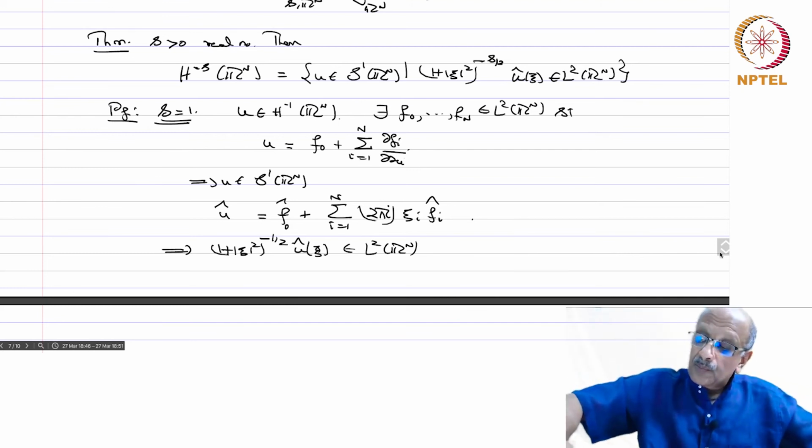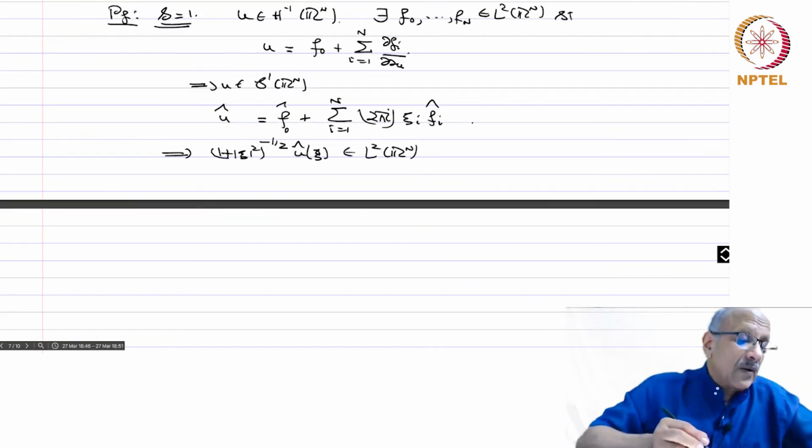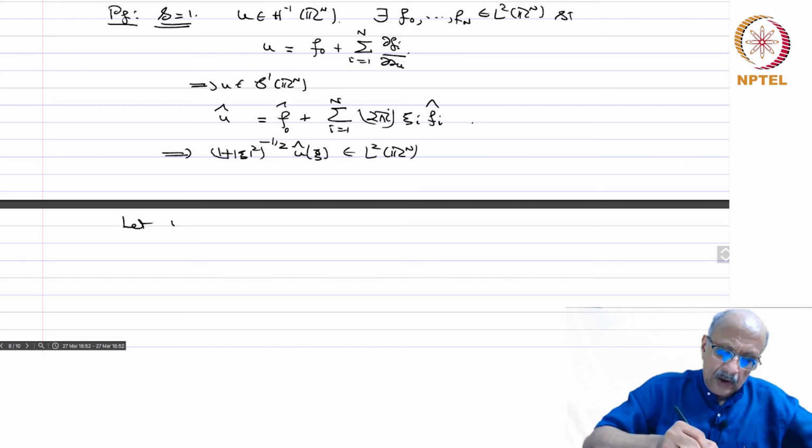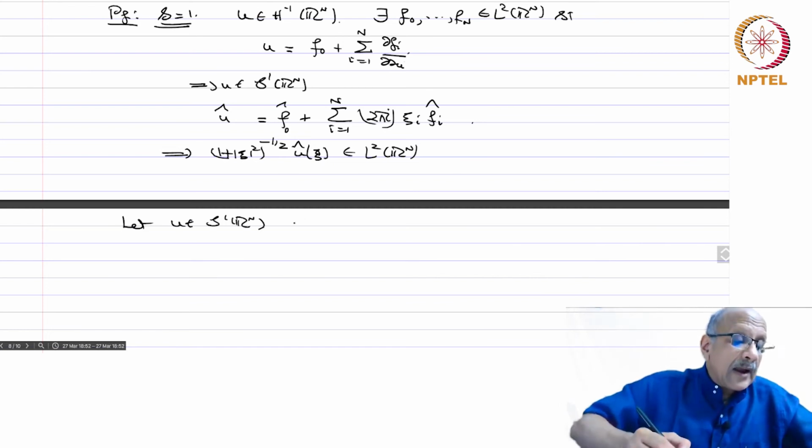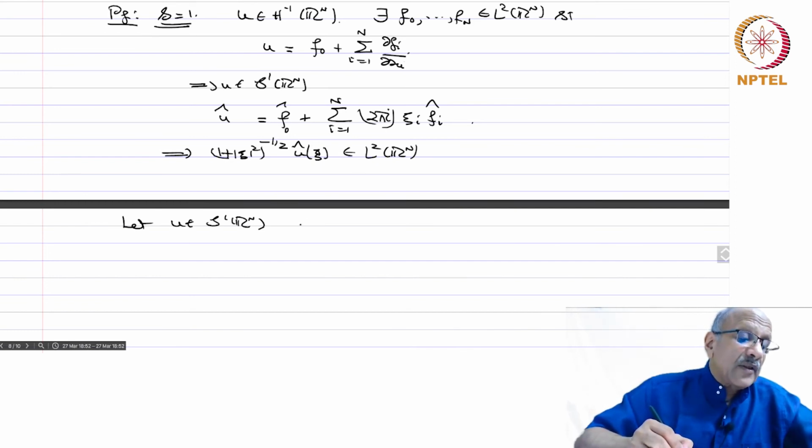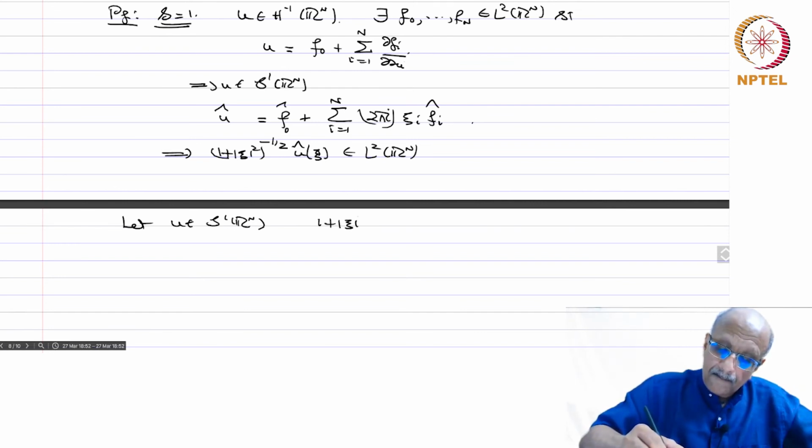And now we want to prove the converse. Let u belong to S'(Rⁿ), and (1 + |ξ|²)^(-1/2) û(ξ) belongs to L²(R).